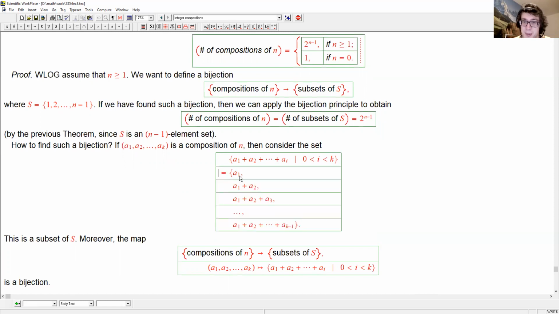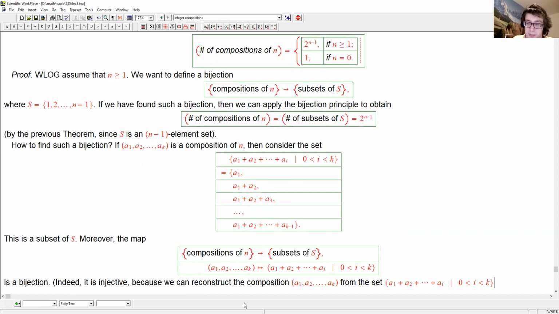Knowing these partial sums, you can reconstruct A1. By taking the difference, you get A2. By taking this difference, you get A3, and so on, until A(k minus 1). And then, because the sum of all of them is n, you can reconstruct Ak as well. So indeed, it is injective because we can reconstruct the composition from the set of its partial sums.